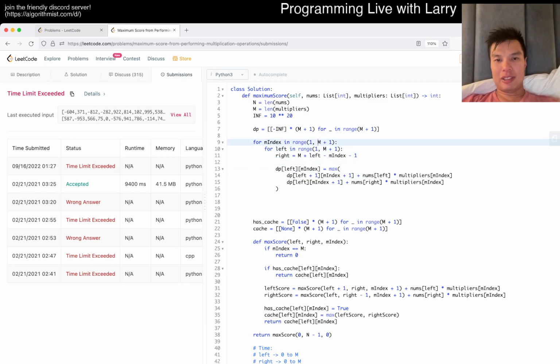Then in that case we will go from, let's see, maybe not. Let me think about this. So okay, m index, this is the previous row, so we can just say minus 1, right?